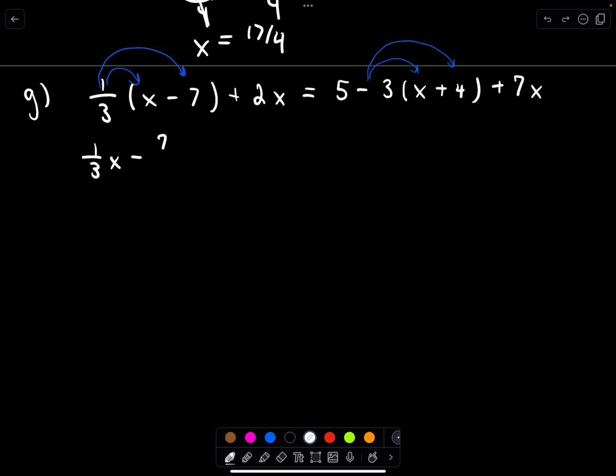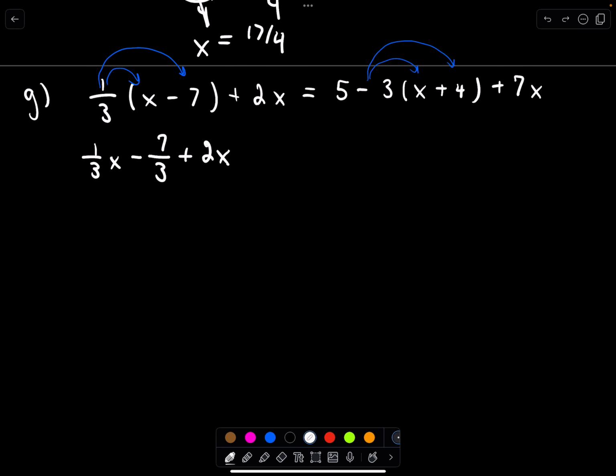That's just going to leave us with 1/3 x minus 7/3 when we distribute. And then still plus 2x. So I'm not doing anything with that. That's not in the parentheses, so I don't distribute the 1/3. Only to those first two terms do I distribute that 1/3.